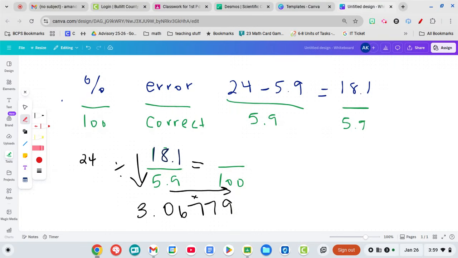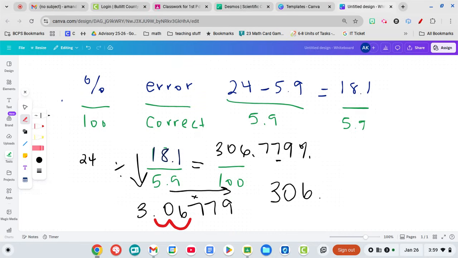And what that will do for me is essentially slide my decimal over twice to get me 306.779%. And for the sake of your assignment, I'm going to have you round to the hundredths place, so that's that second 7. We would say Miss Ackerman's error is 306.78%. So there's our first percent error figured out.